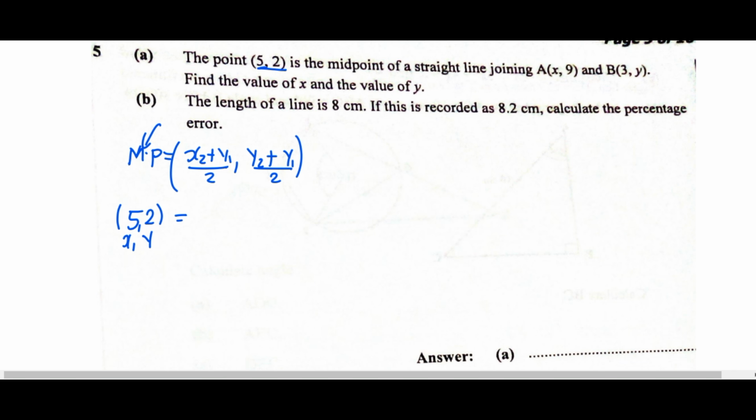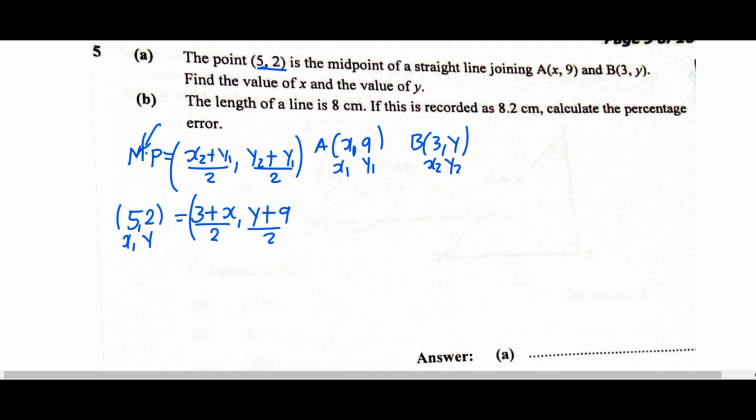So if we write (x, 9), this is our x1, y1. Then our (3, y), we have x2, y2. So let's do the substitution. x2 is 3 plus x1 is just x, over 2, comma, y2 is just y plus y1 is 9, over 2.